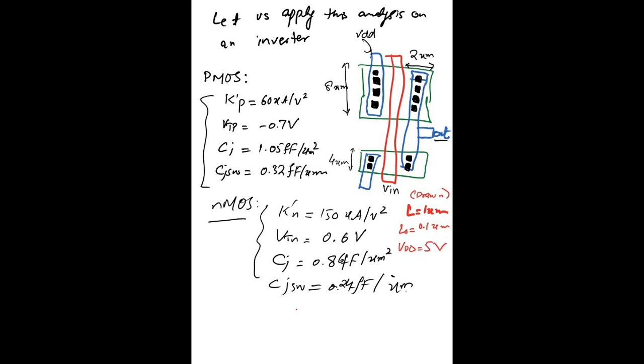And we have our oxide capacitance, which is equal to 2.7 femtofarad per micrometer square. So we have all these parameters for our MOSFETs. Using these parameters, we can design an inverter and find the capacitances which are linked with these inverters.